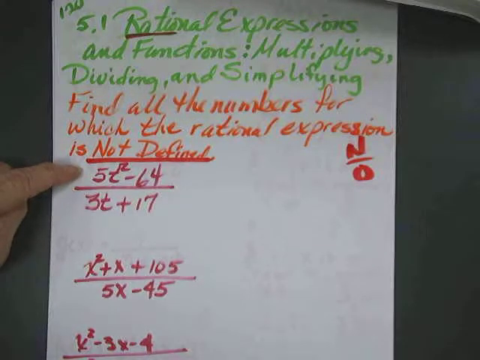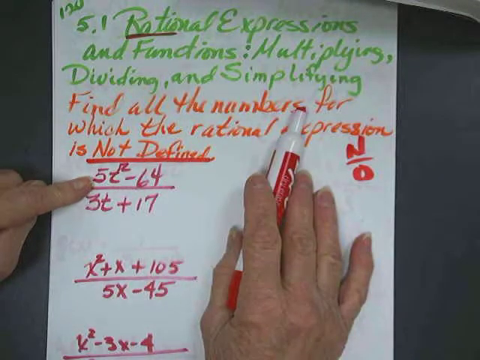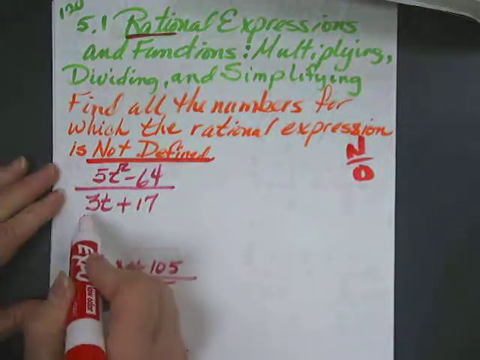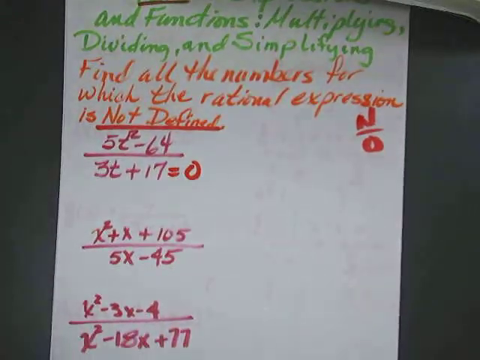So we don't even worry about what's on the top. What this is asking us is to find all the numbers that would make it an undefined expression. So we're just worried about this bottom. If that bottom equals 0, then it'll be undefined. We don't even mess with the top.